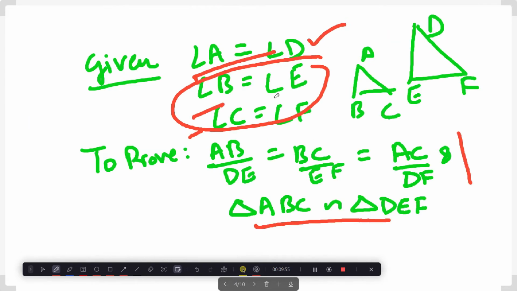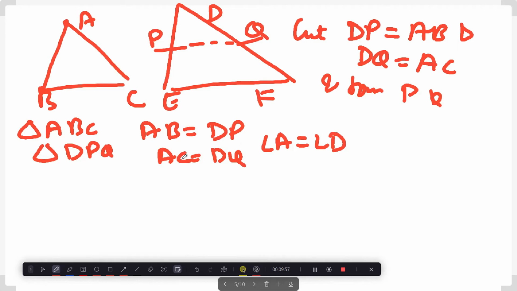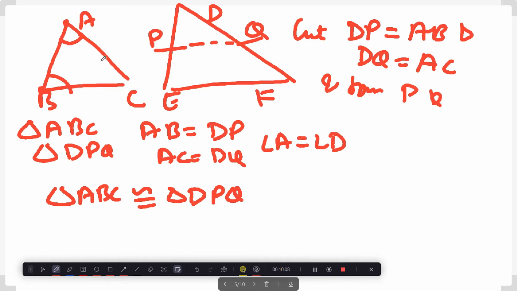From here. So triangle ABC is congruent to triangle DPQ, right? Now if they are congruent, then not just this but the other angles also become equal, right? So angle B becomes equal to P, C becomes equal to Q.